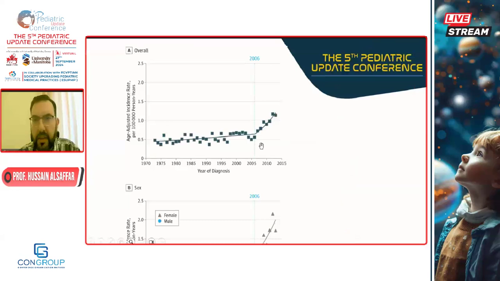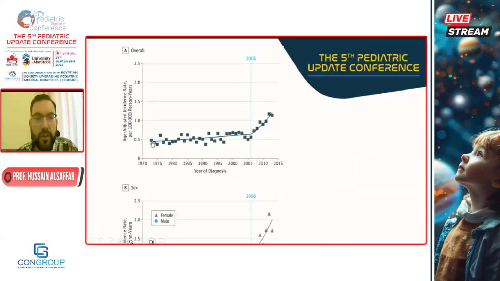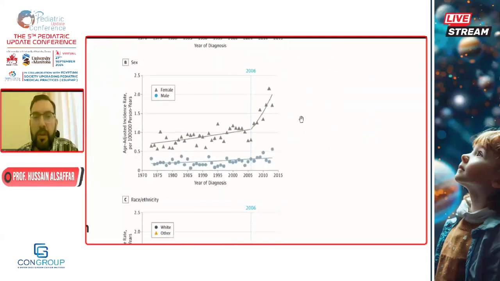So on this side, we look at 1973, the prevalence was about 0.48, whereas after 2006, there was a dramatic increase in the prevalence of thyroid cancer in childhood among the US population. And if we look here, more females are actually having this kind of significant rise compared to males.